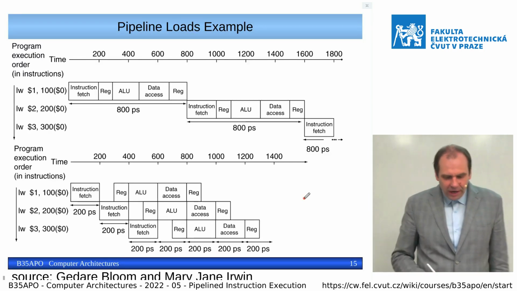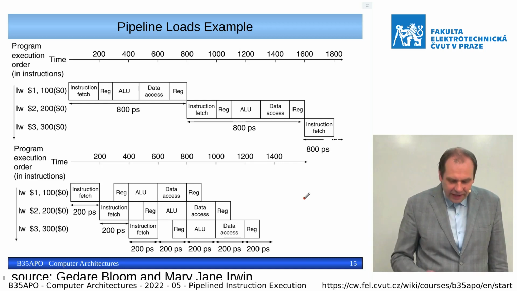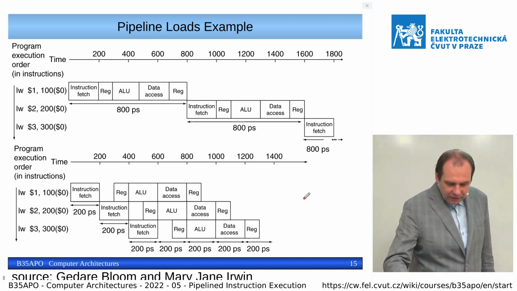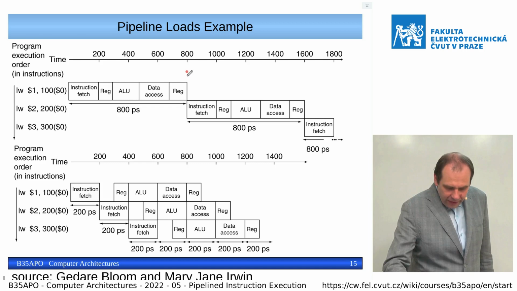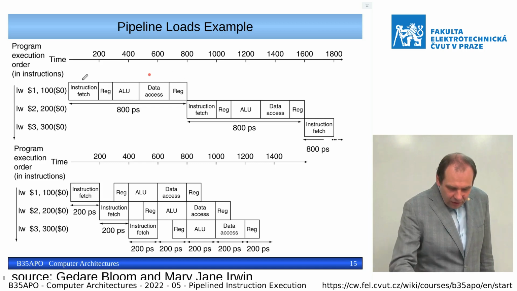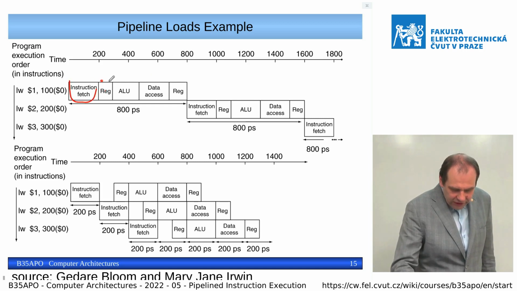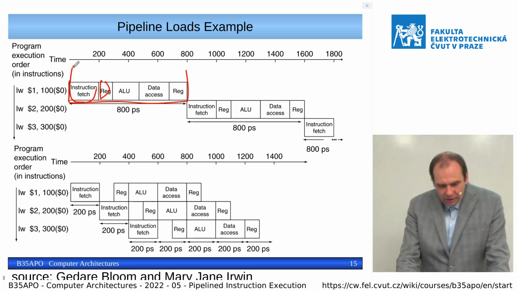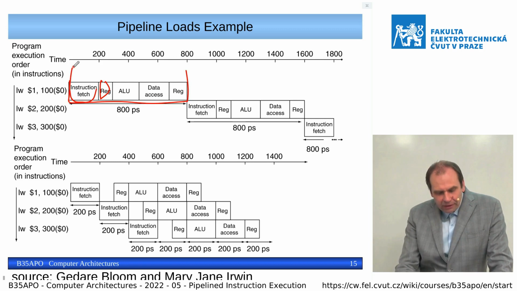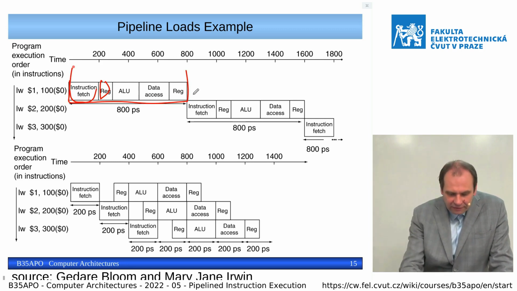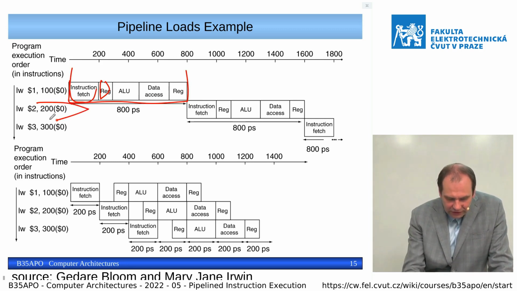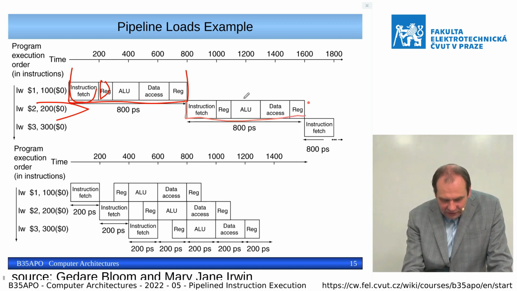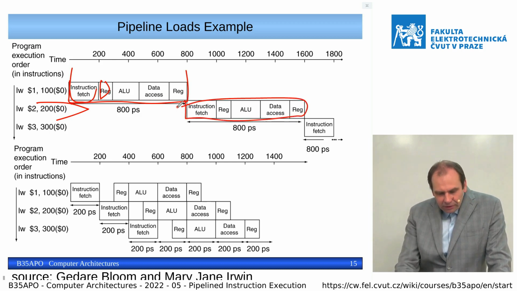This is for a microMIPS architecture, I think, and you can see that the execution time of an instruction, fetching registers and so on, takes 800 picoseconds. And when we start another instruction, it again takes 800 picoseconds, and so on.